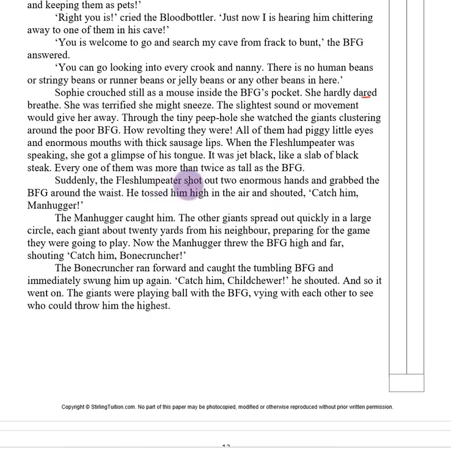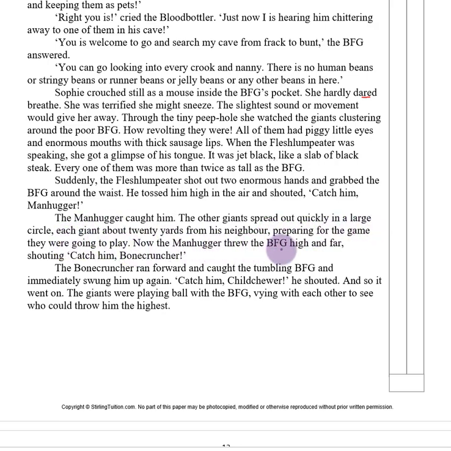Suddenly, the flesh lump eater shot out 2 enormous hands and grabbed the BFG around the waist. He tossed him high in the air and shouted, "Catch him, man-hugger!" The man-hugger caught him. The other giants spread out quickly in a large circle, each giant about 20 yards from his neighbour, preparing for the game they were going to play.